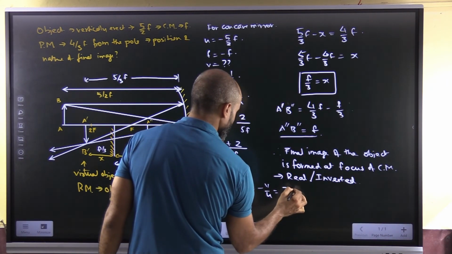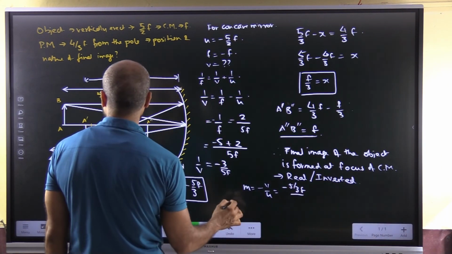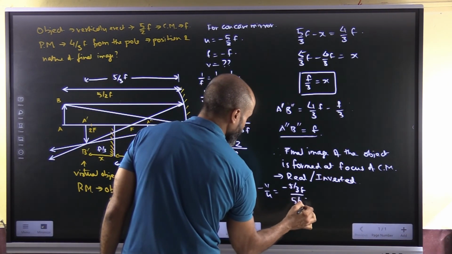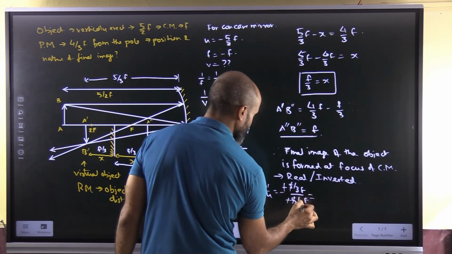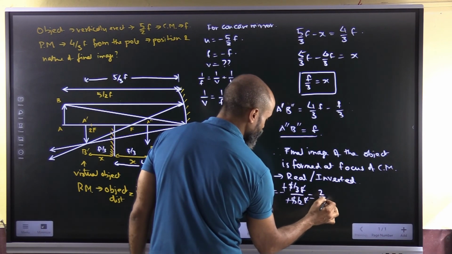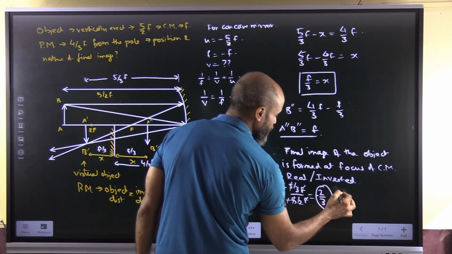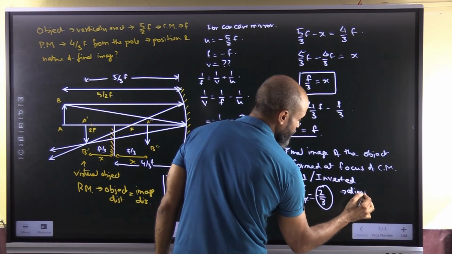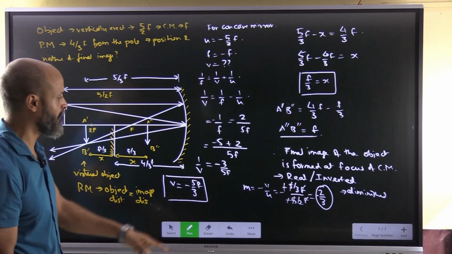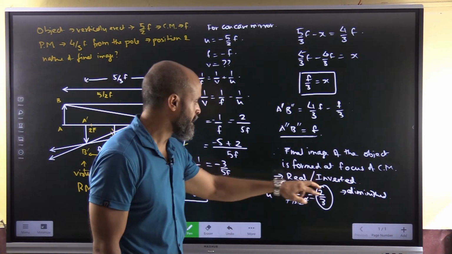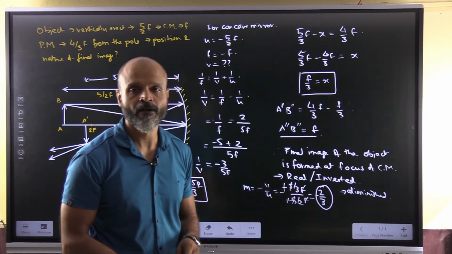This distance is 5/2f, and v is minus 5/3f. So minus 5/3f upon 5/2f: 5 and 5 get cancelled, f and f get cancelled. So this will be 2/3. So obviously it indicates that the image will be diminished. The final image will be real, at a distance of the focal length of the concave mirror, and it will be diminished.